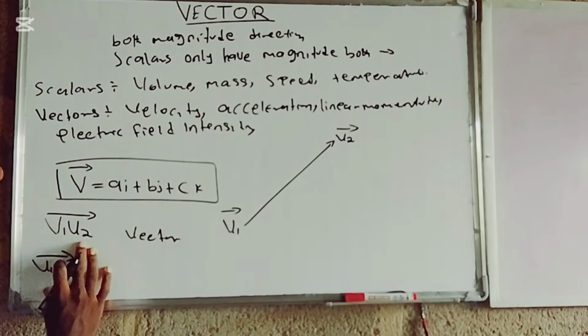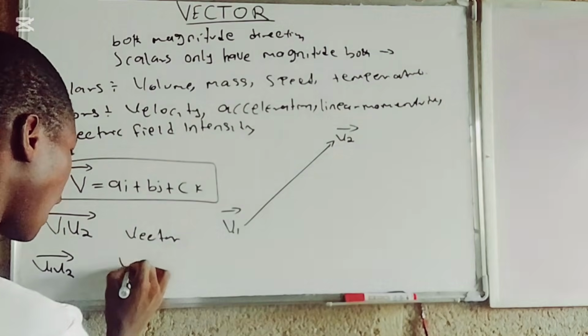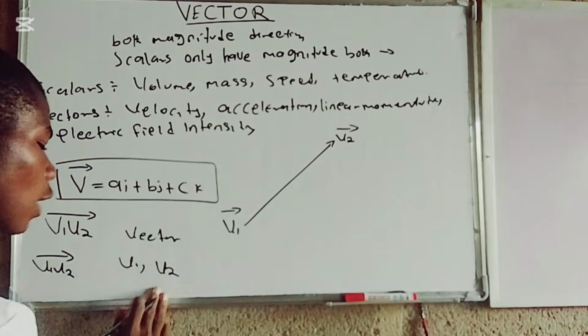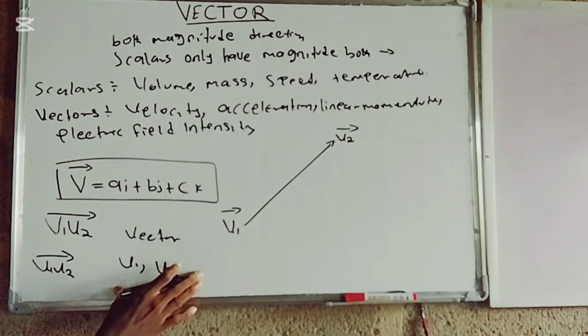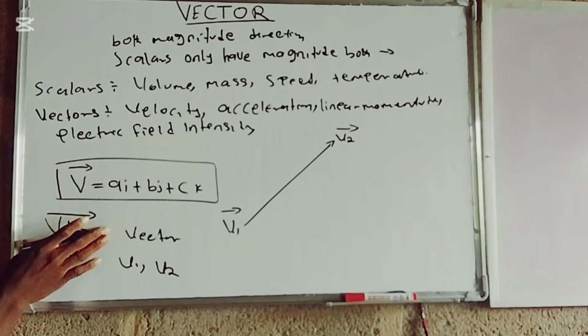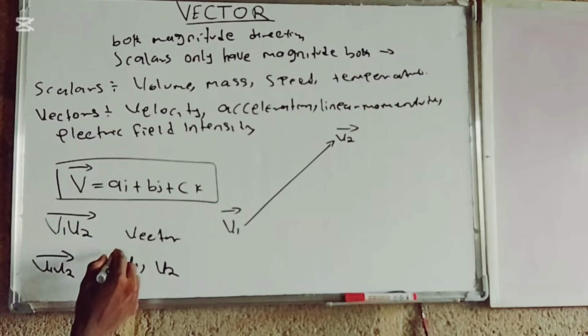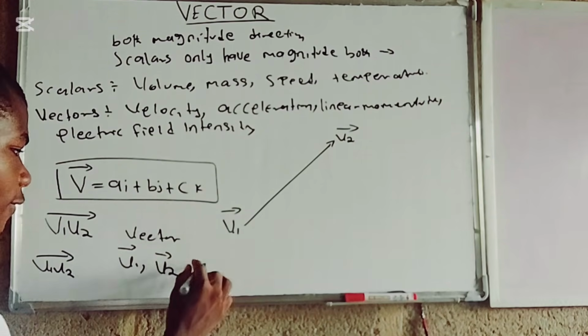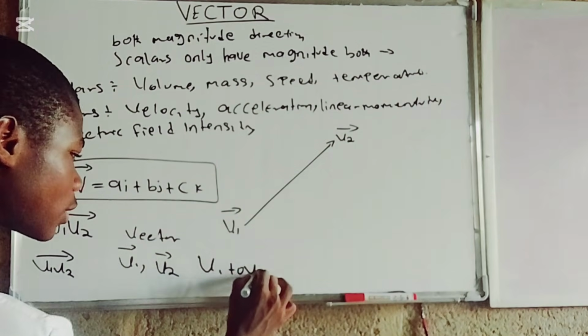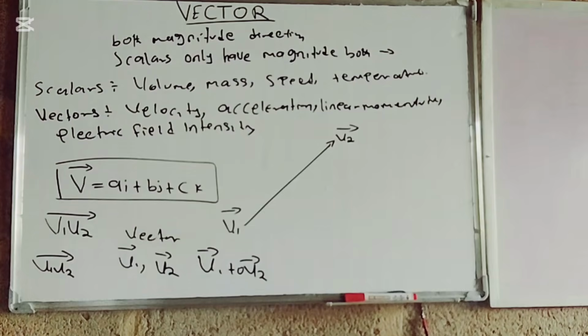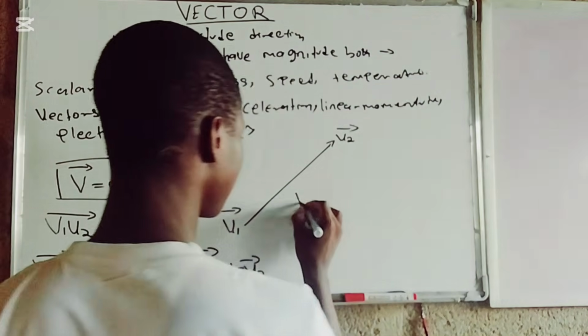The magnitude of this vector V1 V2 is the length V1 V2, and the direction is from V1 to V2.